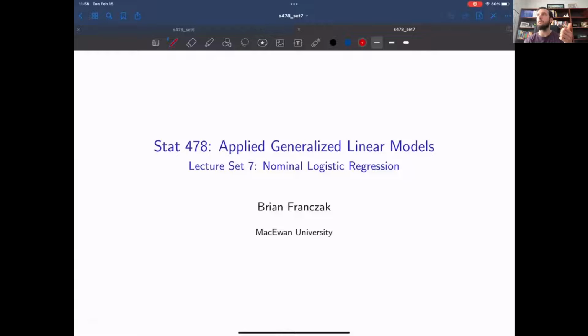In lecture set 7, we'll talk about the nominal logistic regression model. And in lecture set 8, we'll talk about the ordinal logistic regression model, where the major differences are that the nominal model doesn't assume order to the categories of the response, and the ordinal model would assume that there is an underlying order to the categories of the response.